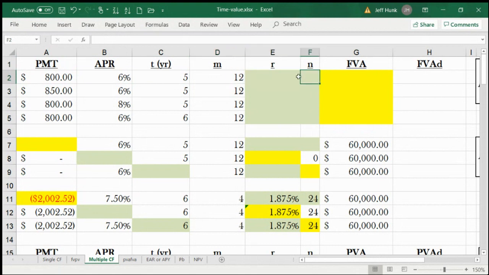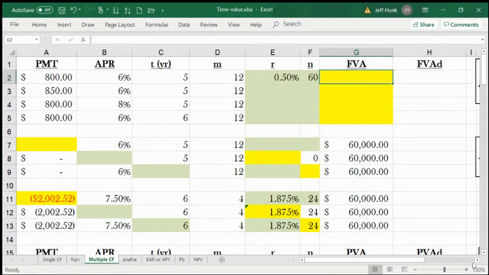We first need to find the periodic rate, the monthly rate, and how many compoundings actually happen over 5 years, which we have done previously. It's not difficult. You just divide the 6% APR by M, which gives you 0.5%, and 5 years times 12 is 60 months.